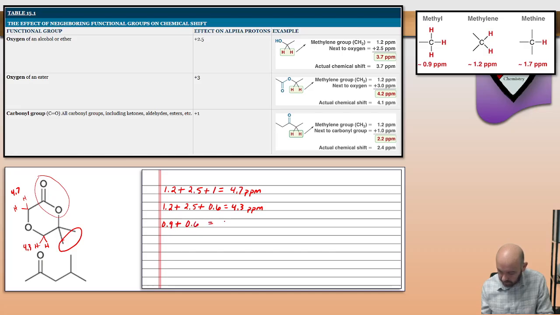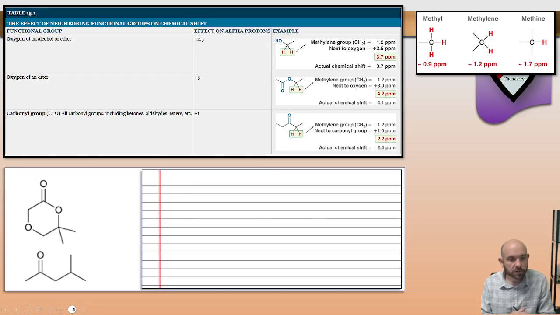So I'm going to expect a total chemical shift of 1.5 for that set of carbons there. So I would expect 3 signals in the NMR for this molecule. I would expect one group of signals at 4.7 parts per million, one group of signals at 4.3 parts per million, and one group of signals at 1.5 parts per million.